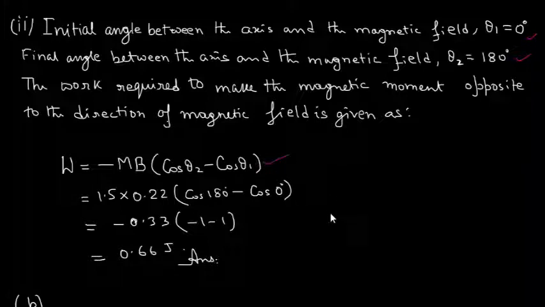Putting the values of M, B, theta 2 and theta 1, we get -1.5 × 0.22 × (cos 180 degree - cos 0 degree), which is equal to -0.33 (-1 - 1), and upon solving we get 0.66 joule.